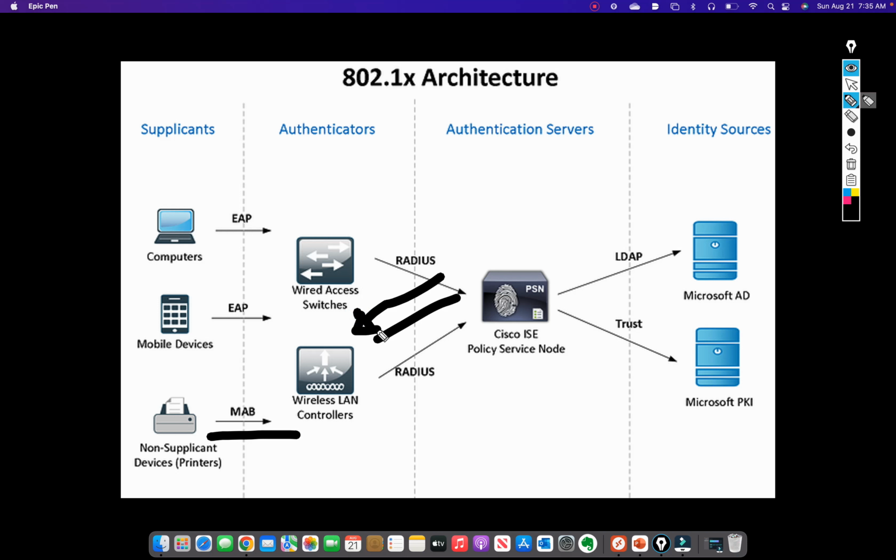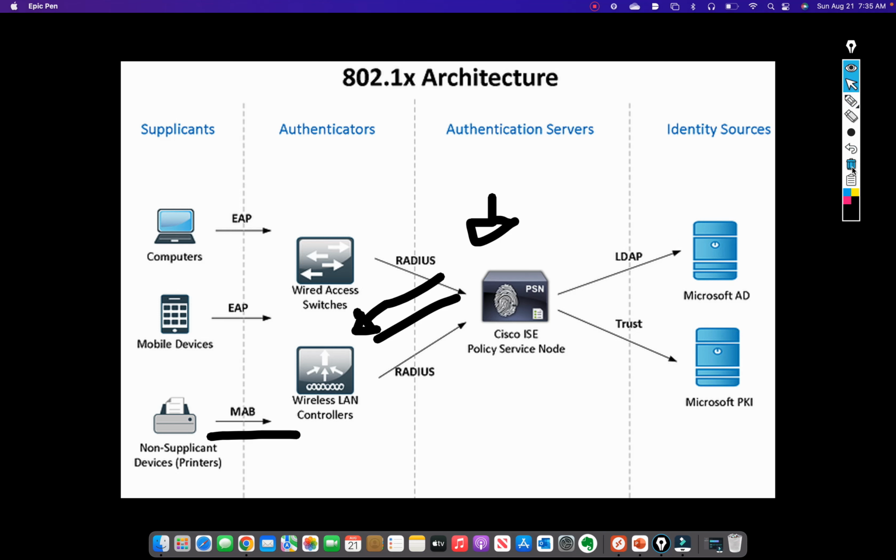That's the basic flow for ISE. So we have supplicants, authenticators, the authentication server, which is ISE, and the identity source, which could be internal. We can have an internal identity source on ISE, where we create each user in the ISE database, which is not so granular. That's why most deployments use LDAP or Active Directory.